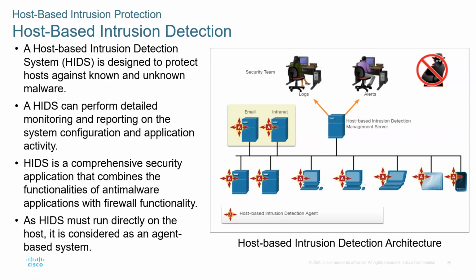All right. IPSs, intrusion detection systems. This is really done to detect if there are any attacks or malware on your system. HIDS is the host intrusion detection system. So that has to be installed directly on your computer, on your device. It cannot be installed anywhere else.